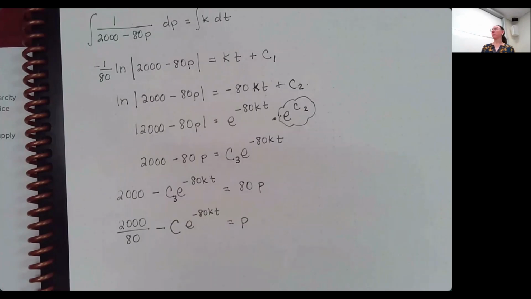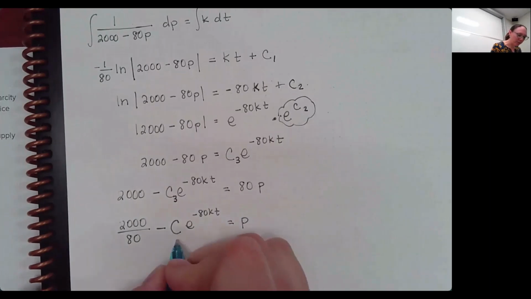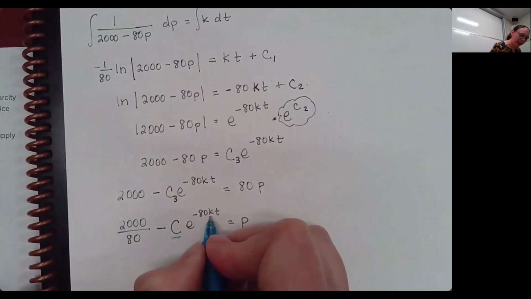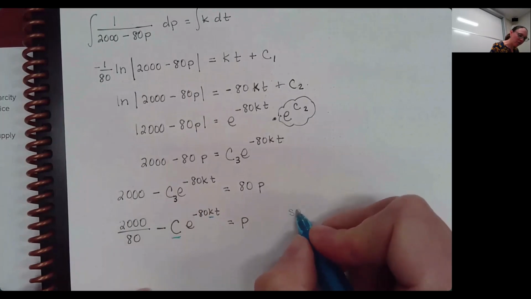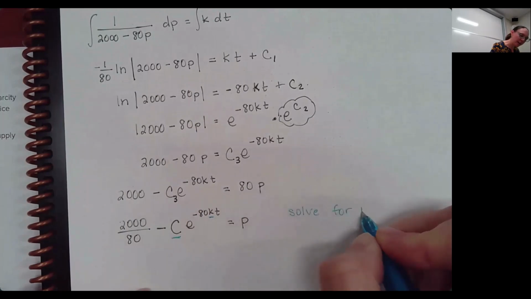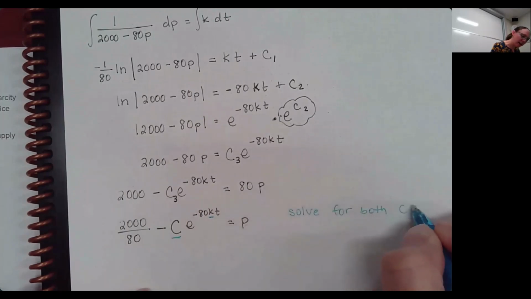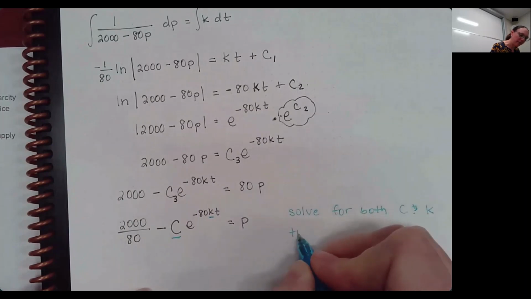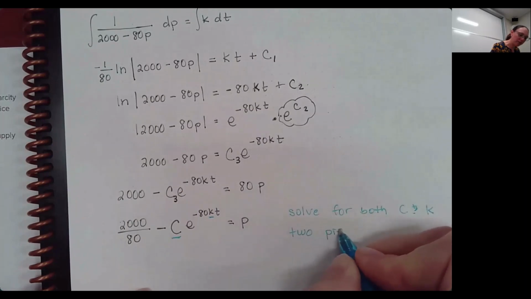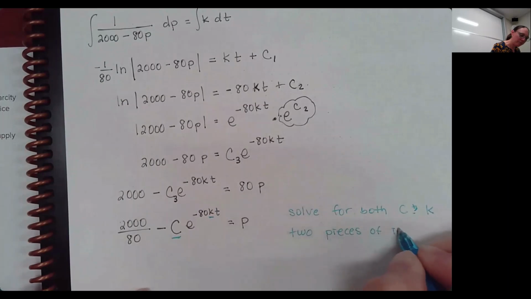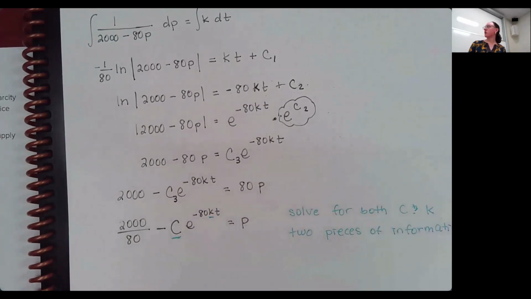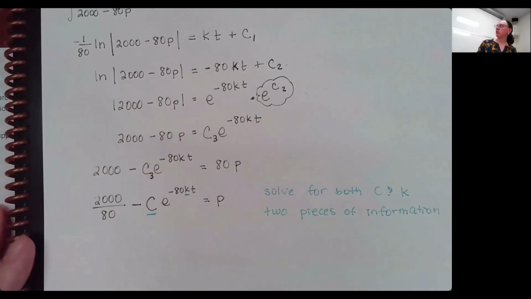Now this time, I ended up with more than one constant to solve for. So I ended up with both a C and a K. And if I'm going to solve for both C and K, I'm going to need two pieces of information. So it's not enough to just have a single initial condition.